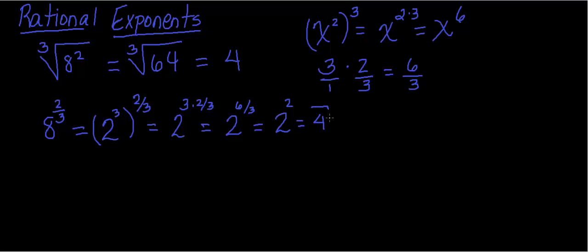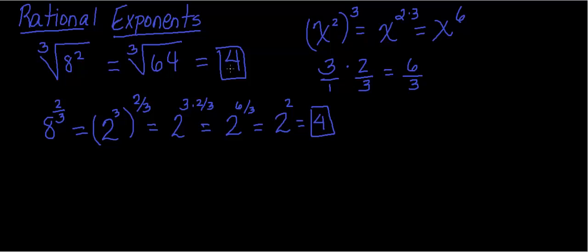And that is equivalent to 2 to the 2nd power, because 6/3 is 2, and that gives you 4. Now, very important result here. Notice, this expression is equal to 4. This expression is equal to 4. So if this is equal to that, and this is equal to that, then this has to be equal to this. This is the transitive property that you learned in algebra.